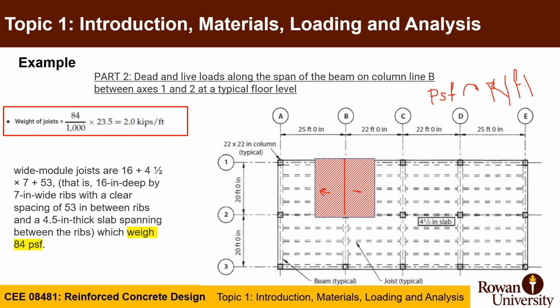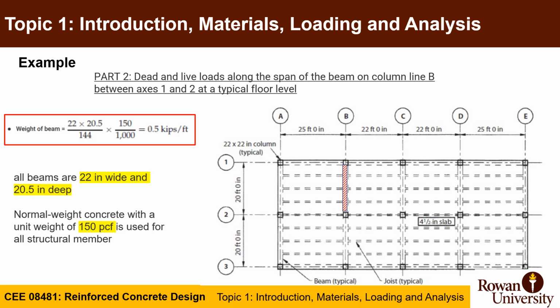You have to multiply the value of 84, divided first by 1,000 to make it kip, by the distance perpendicular to the beam, which is average of 25 and 22, which is 23.5. It gives you 2 kip per foot linear load on the beam due to the joist or the slab.